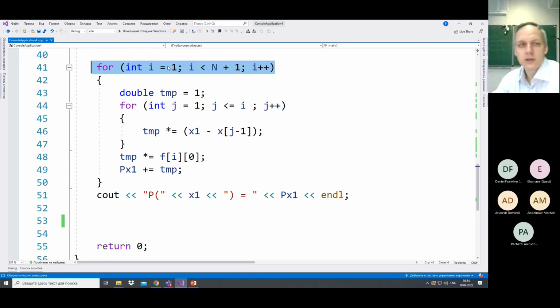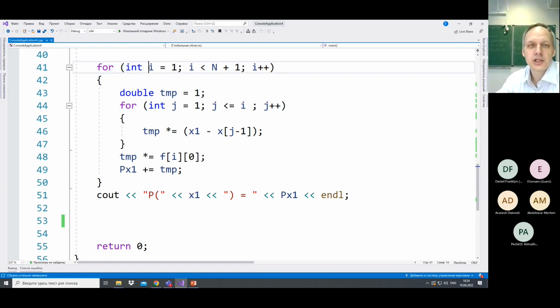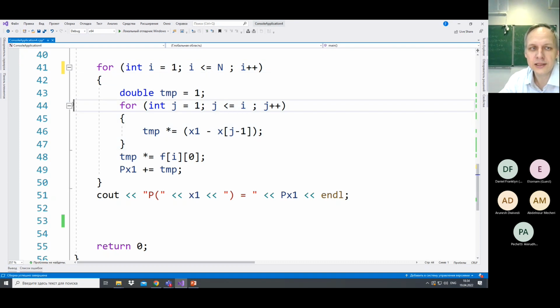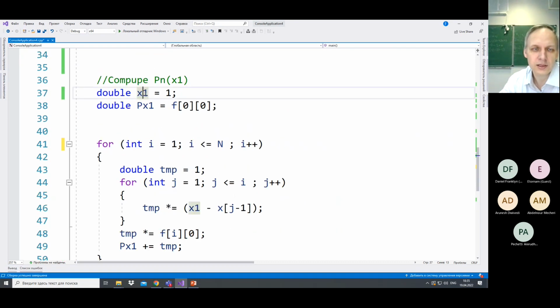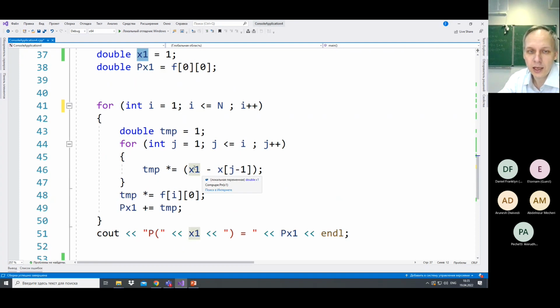In the first loop, i changes from 1 to n, let it be so for simplicity, and the inner loop computes the product. Here I denote x1 as the point at which I want to compute the value of the polynomial, x minus x_{j-1}.